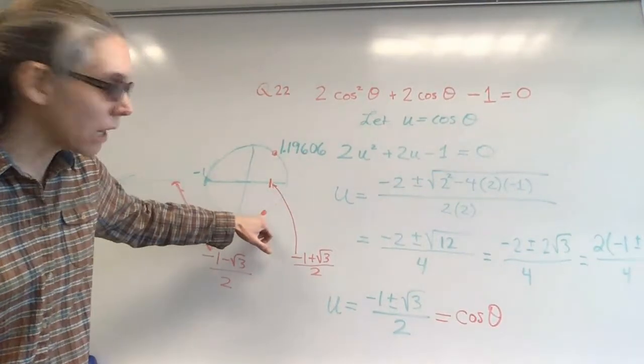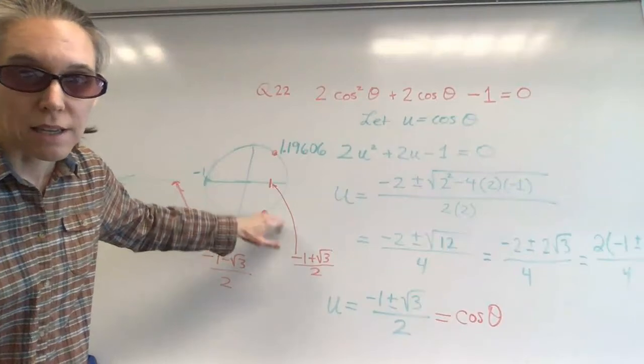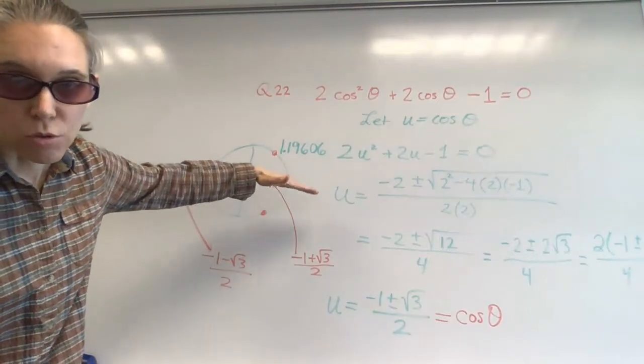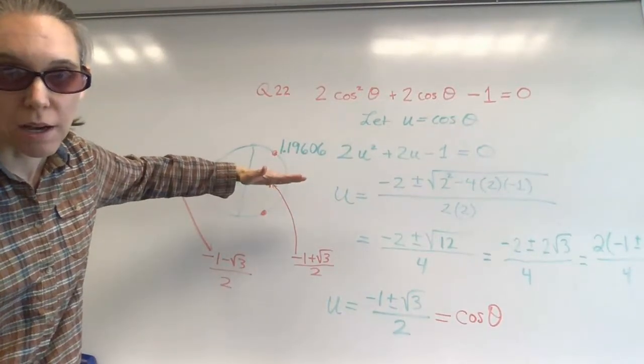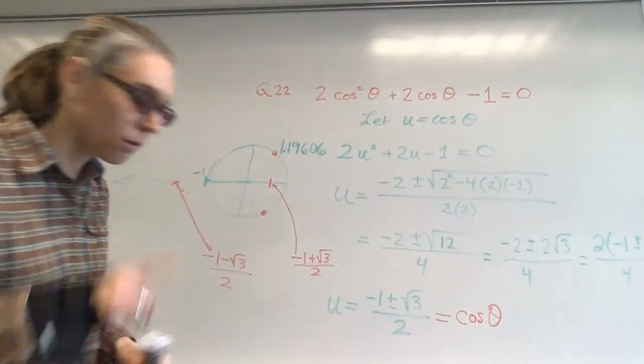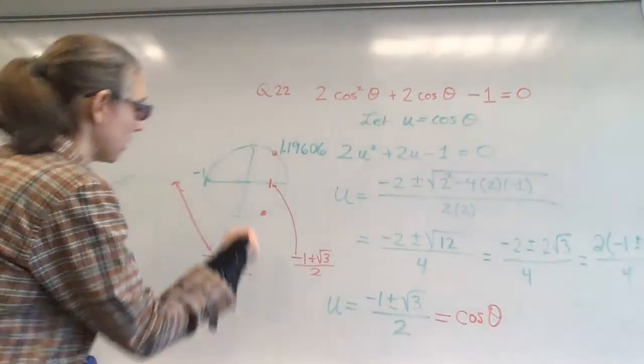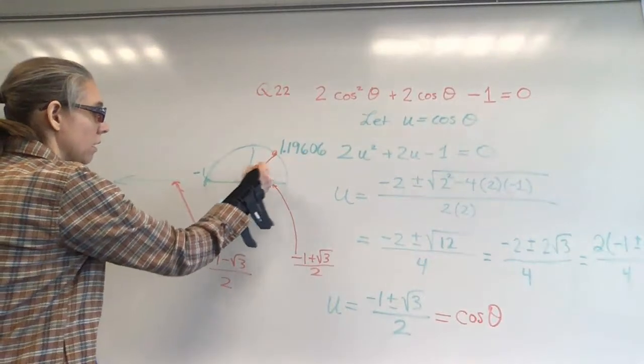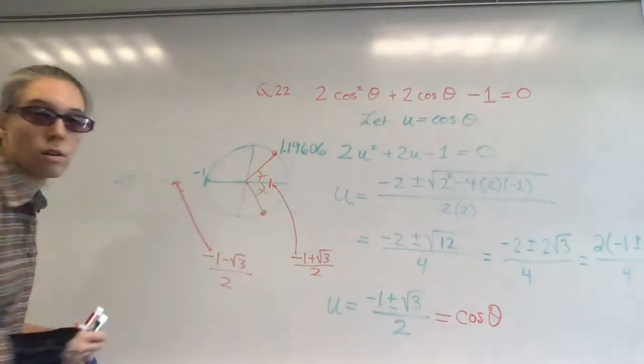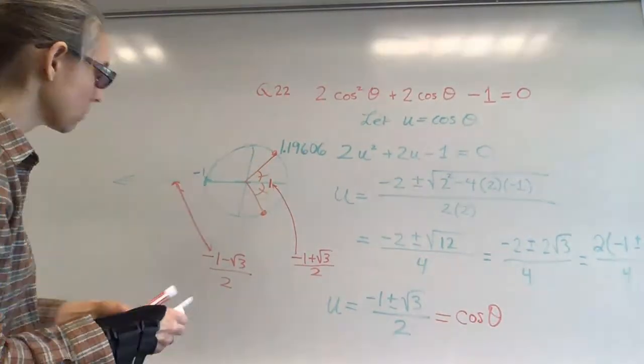Now, for this other dot, we get this by taking 2 pi and subtracting the value of the angle, because we know that we have two congruent angles, right? So this angle right here is congruent to this angle right here.